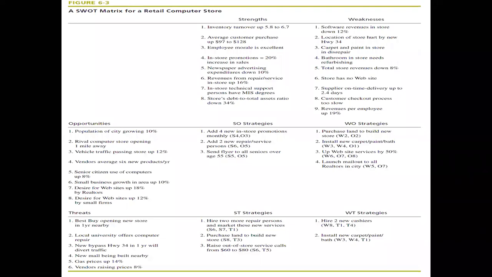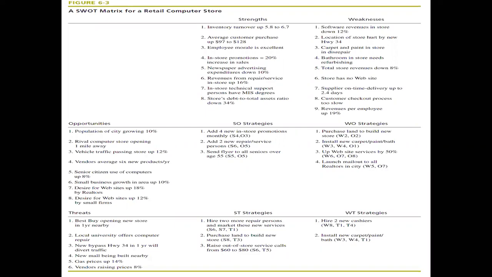And in point number 1 in SO strategies, we are making a match or a mix of S4 and O3. S4 would mean we have taken the fourth strength, and O3 means that we have taken the third opportunity, and putting these two together, the fourth strength and the third opportunity, the strategy is add 4 new in-store promotions monthly.